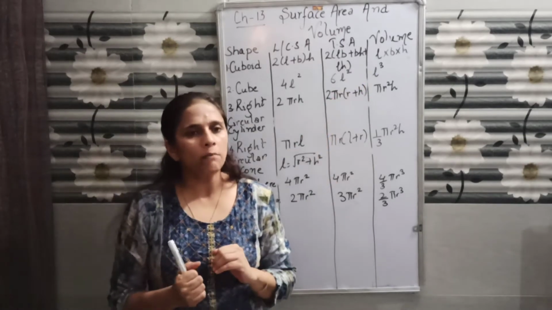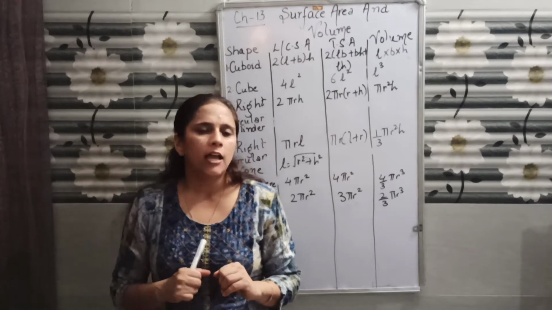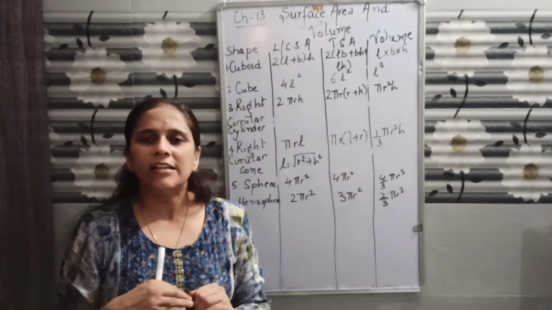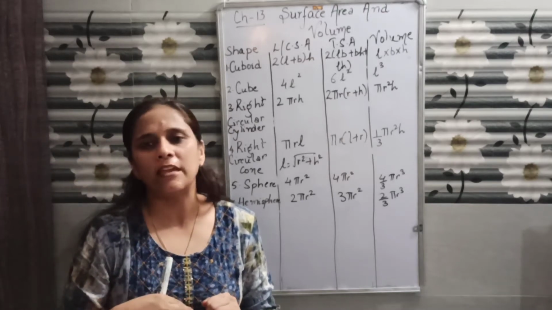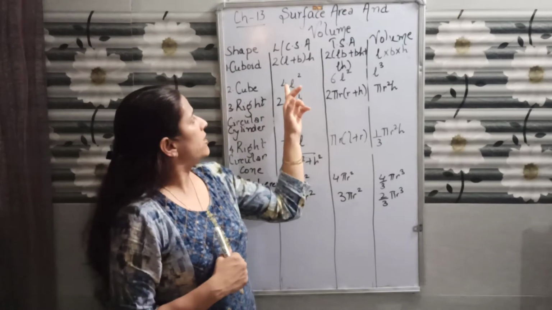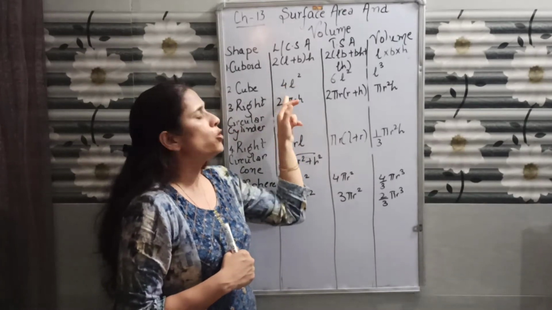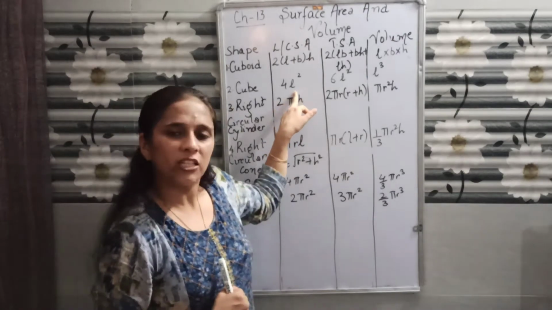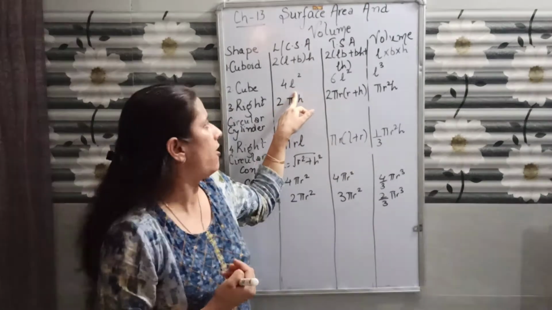Whereas when we talk about lateral surface area, we don't include the top and the base of that figure. So the lateral surface area of a cube will be 4L square, because it excludes the top and the base.